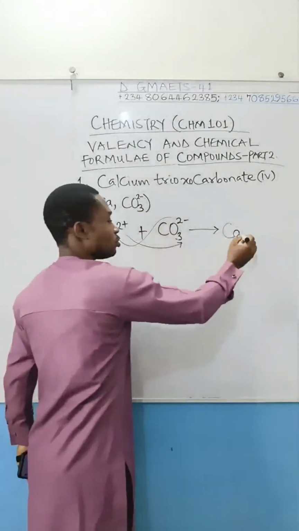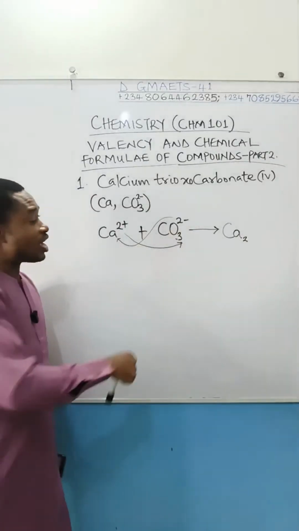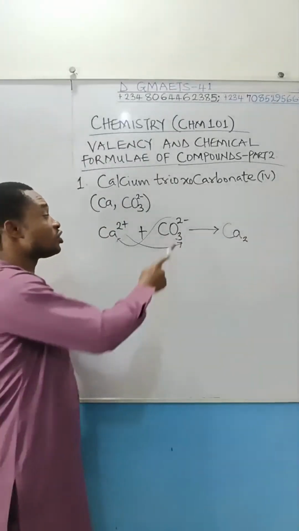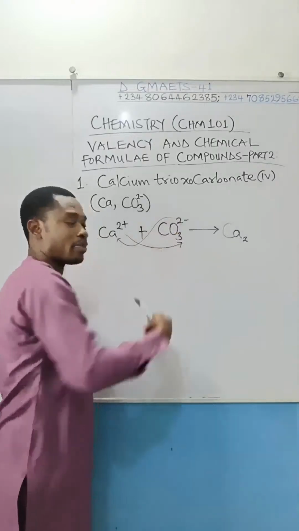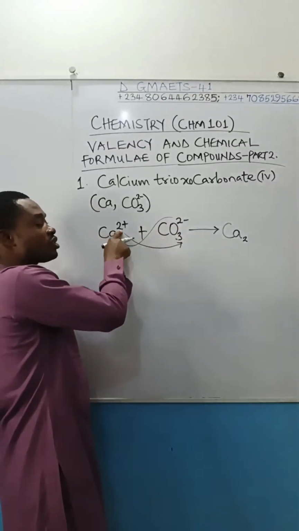Calcium received valency of 2 from CO3, 2 minus, right? I've told you from previous class that you don't show their charges. This plus minus, you don't show it when you step it down. Now, CO3 received valency of 2 from calcium.